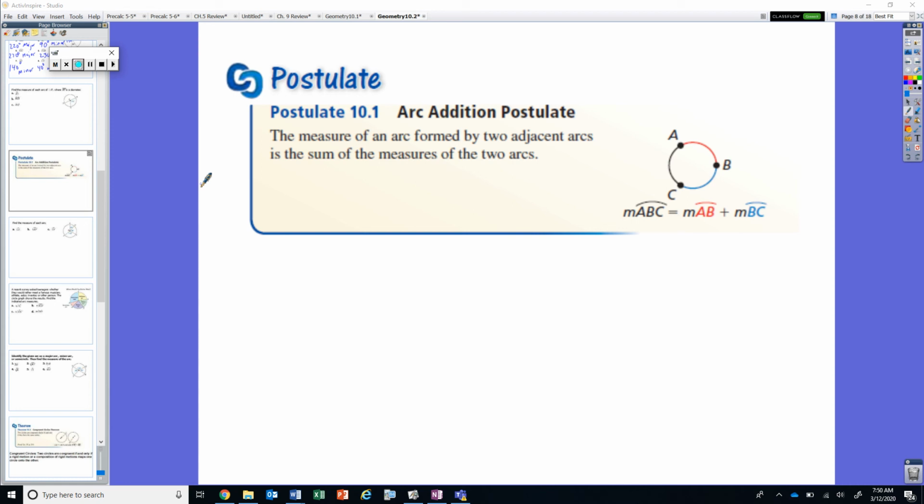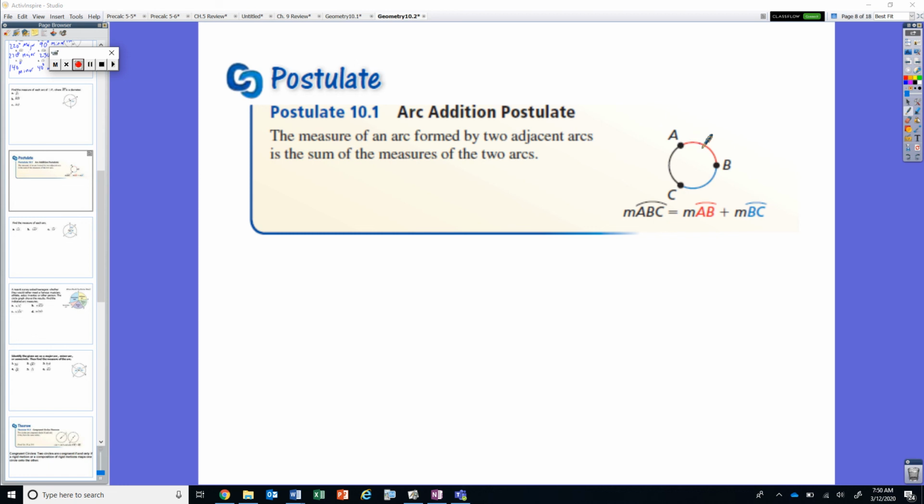Now, you may remember our segment addition postulate and even our angle addition postulate, which basically means that we can add two or more segments or two or more angles and respectively get a larger segment or a larger angle out of that. And so ultimately that's kind of what we're looking for in our arc addition postulate. When we add two or more arcs together, we can end up getting a larger arc out of it in the process. So that's what we're seeing here.